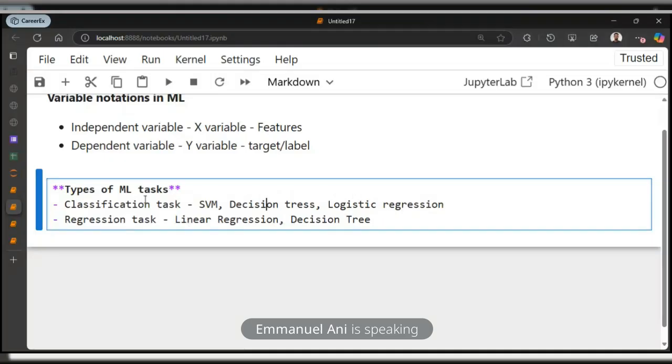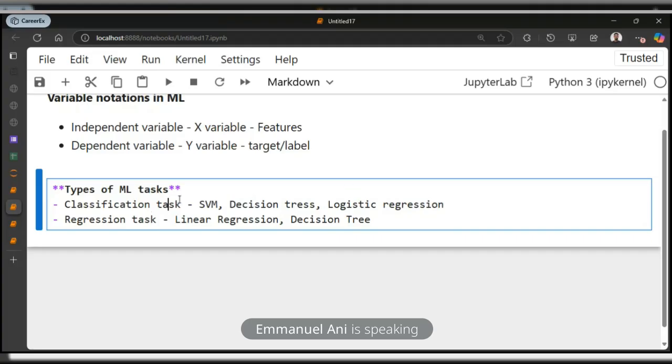So basically, when we talk about classification tasks, we are talking about tasks that have the dependent variable to be categorical variables. For classification tasks, our dependent variable would have to be categories, for us to consider using categorical machine learning algorithms.